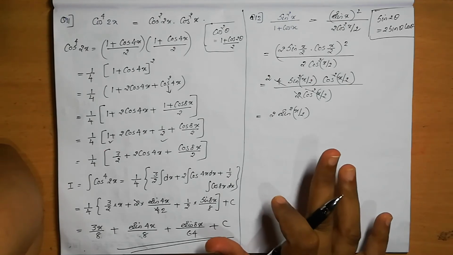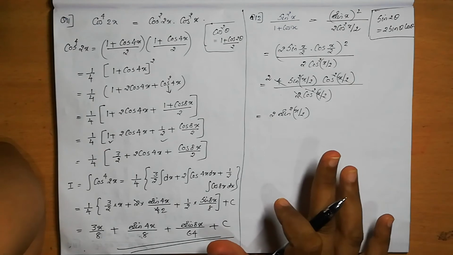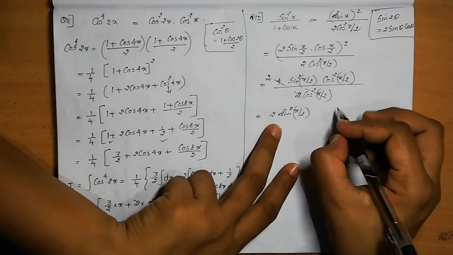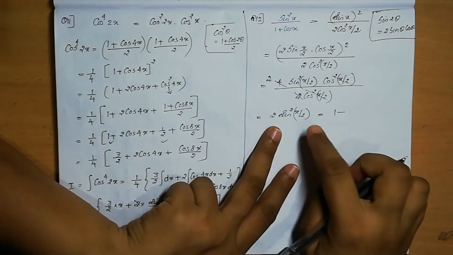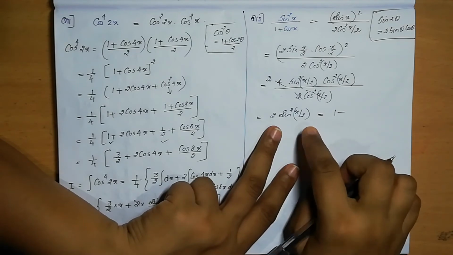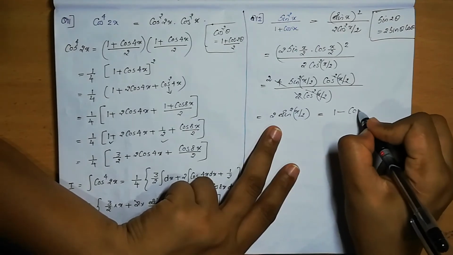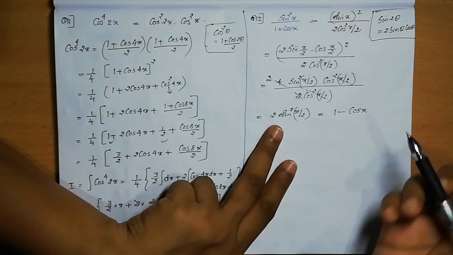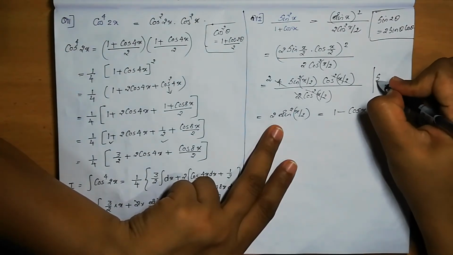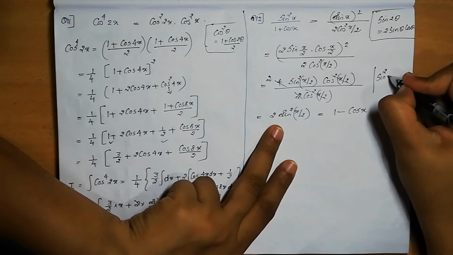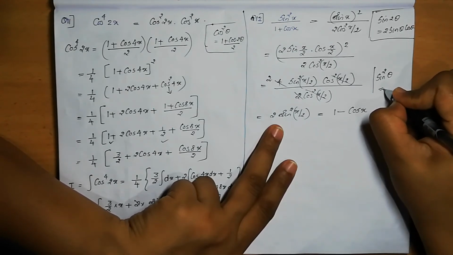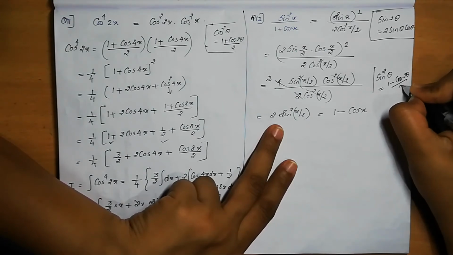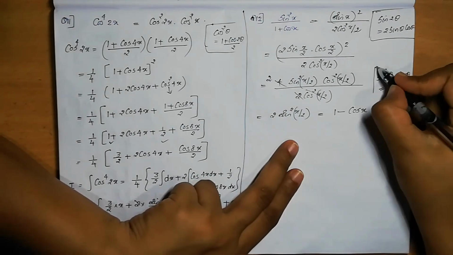Sin square theta is 1 minus cos 2 theta by 2 only, right? So 2 sin square theta equals 1 minus cos 2 theta.